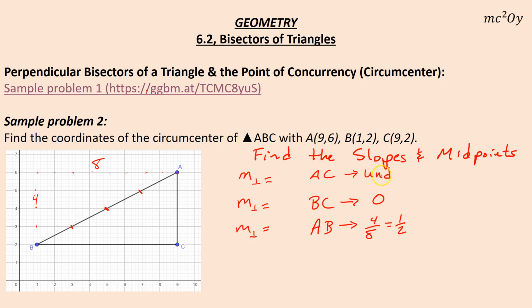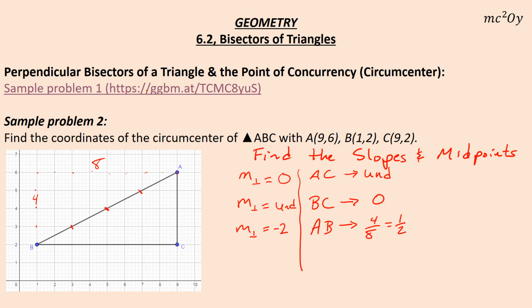A slope that is undefined, the one that's perpendicular will be 0. And a slope that is 0, the one that's perpendicular will be undefined. If you want the slope of a line that is perpendicular to 1/2, you have to flip the fraction 1 over 2 and make it 2 over 1. And since it's positive, we're going to take the inverse, which is negative. So our new slopes will be those right there.